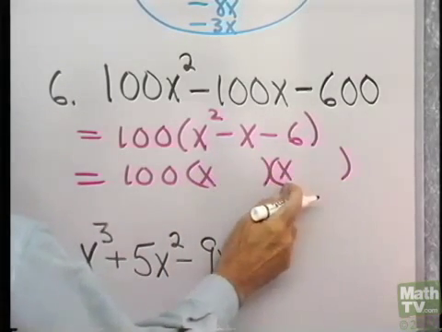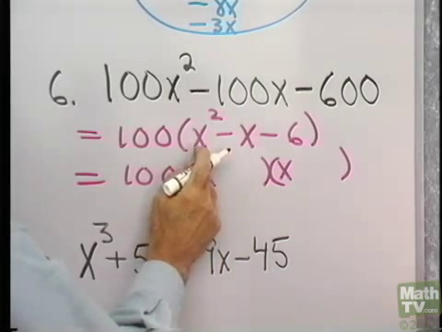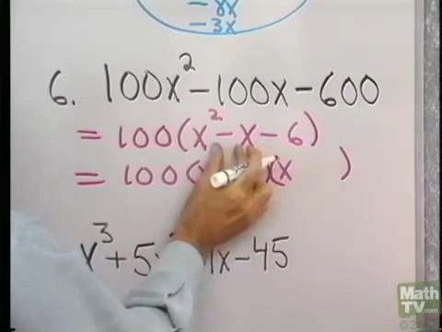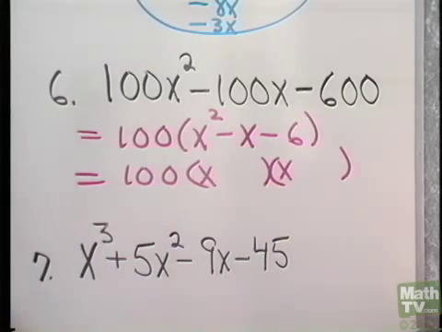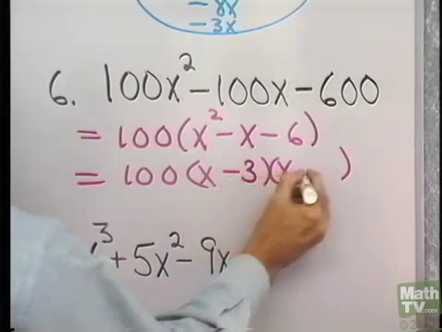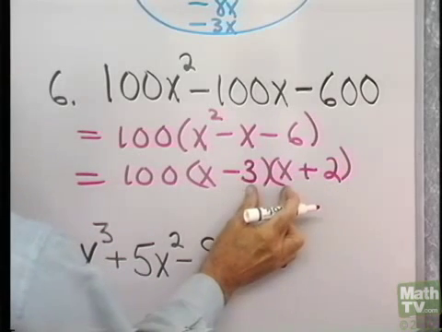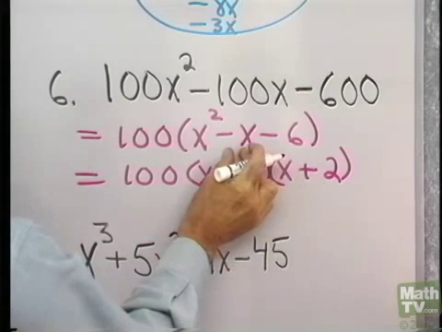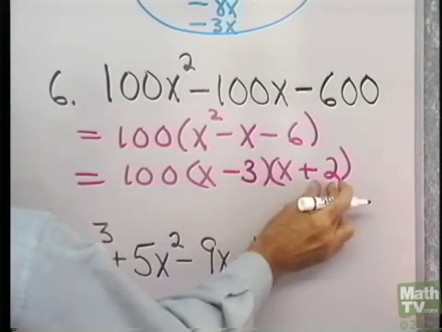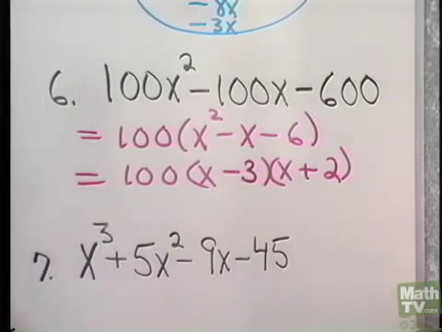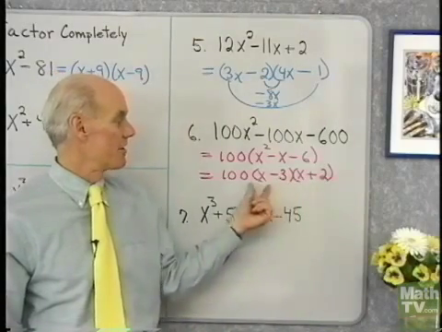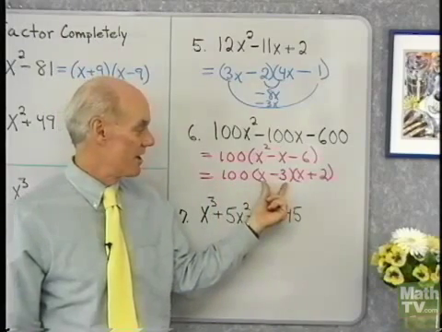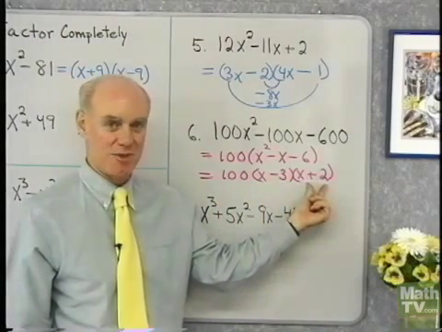Each of them has a first term of x, so that x times x is x squared. The last terms that go here need to multiply and give me negative 6 and add and give me negative 1. So how about negative 3 and positive 2? Negative 3x inside, outside is positive 2x. They add up to negative 1x, and negative 3 times positive 2 is negative 6. So here's the complete factorization of this trinomial. One factor is 100, next factor x minus 3, next factor x plus 2.